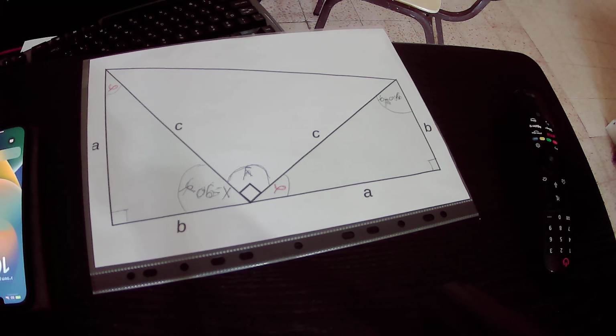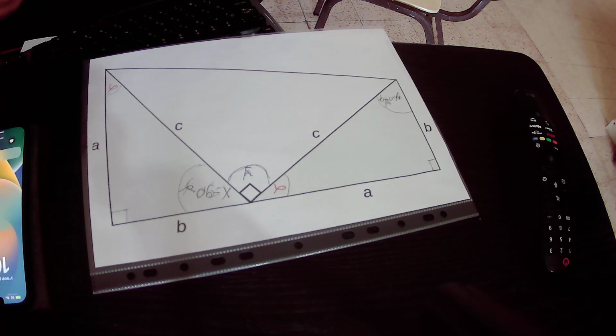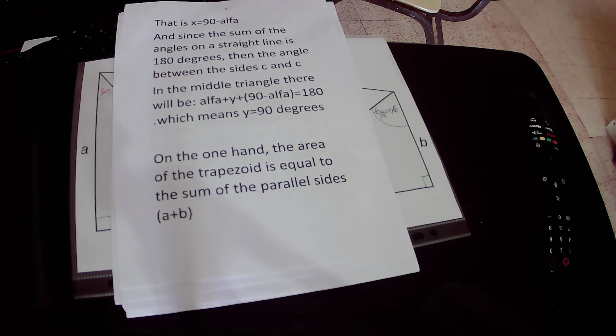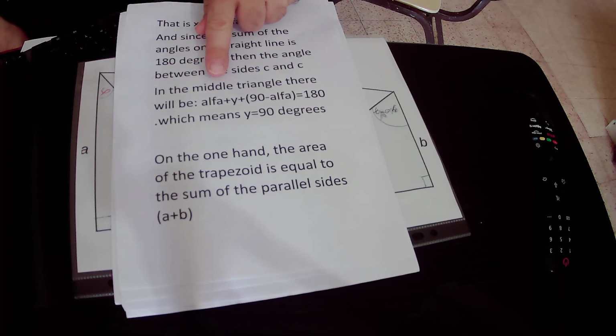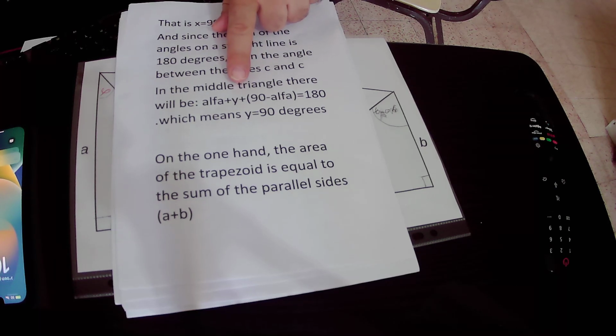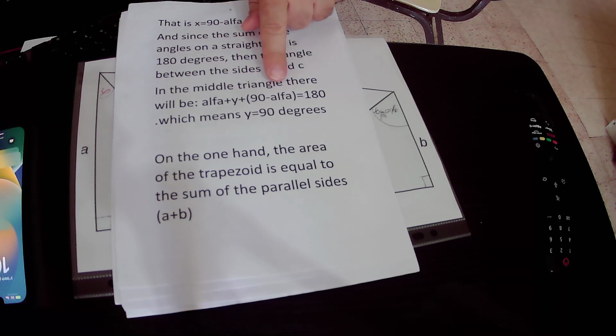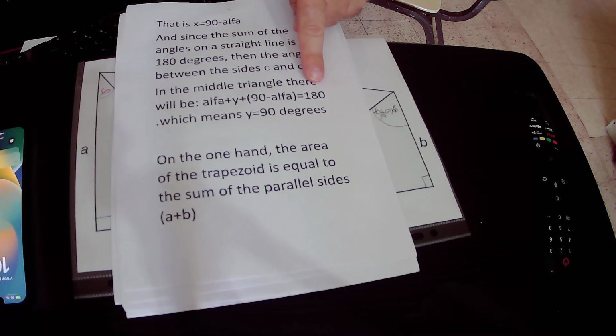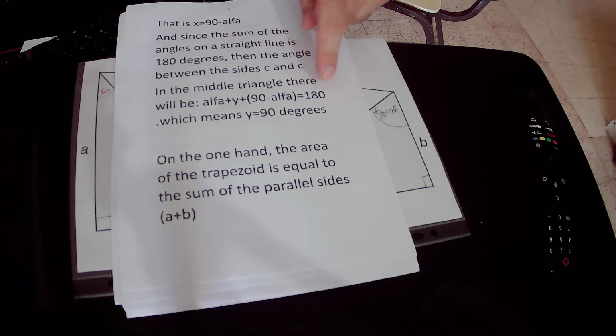Okay, so as you can see here, alpha plus y plus 90 minus alpha is equal to 180 degrees.